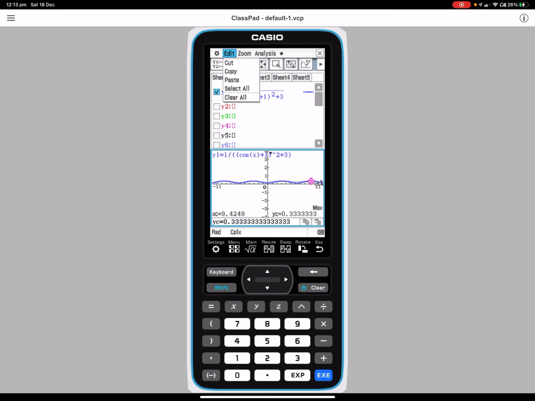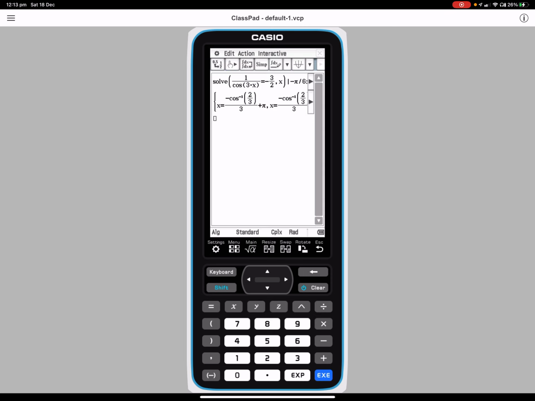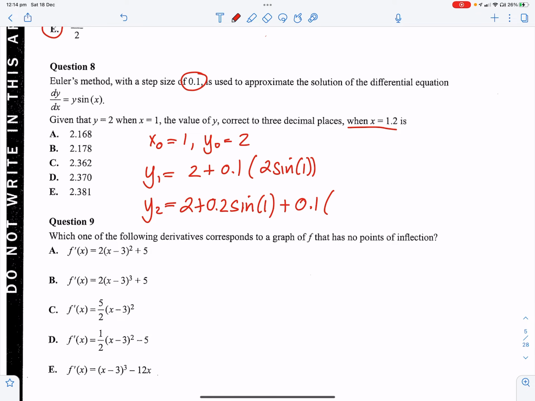So let's say, what have I got? I had 2 plus 0.1 times 2 sine of 1. And then I had that plus 0.1 times y sine x.